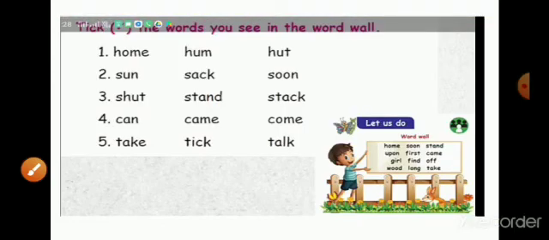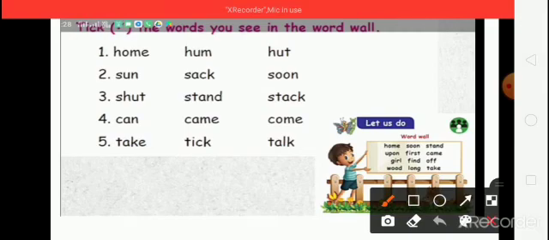Tick the words you see in the word wall. First one: home, hum, hut. Which word do you see in the word wall? Home. Second one: sun, say, soon. Soon.